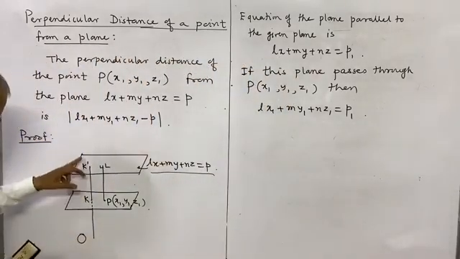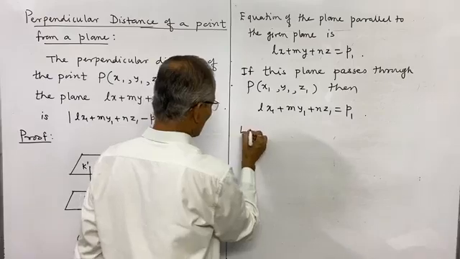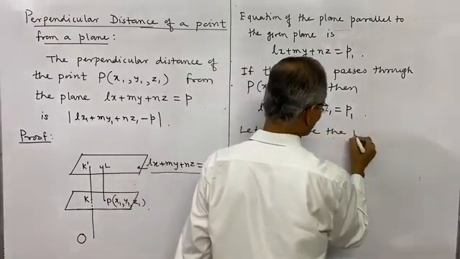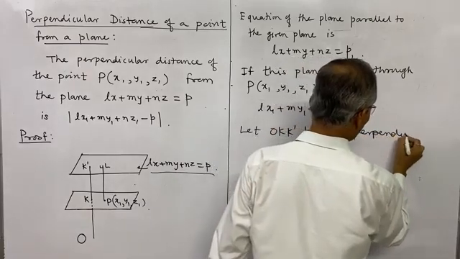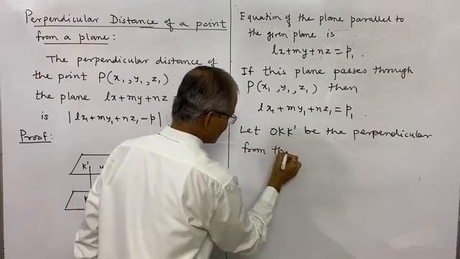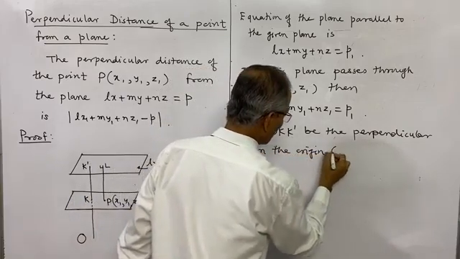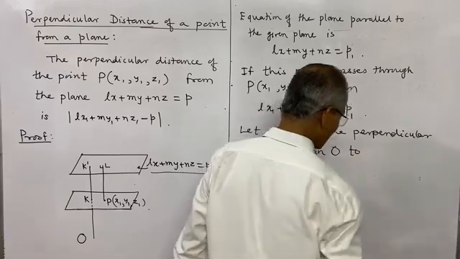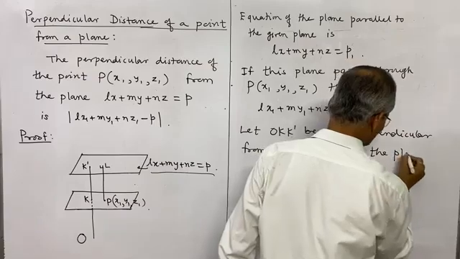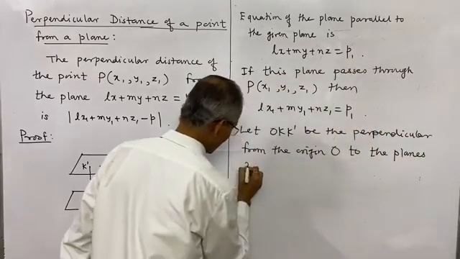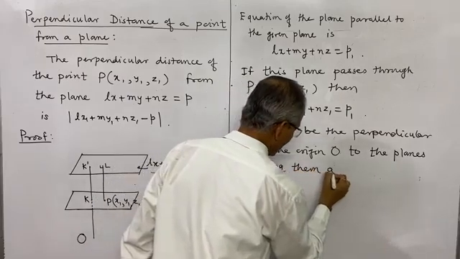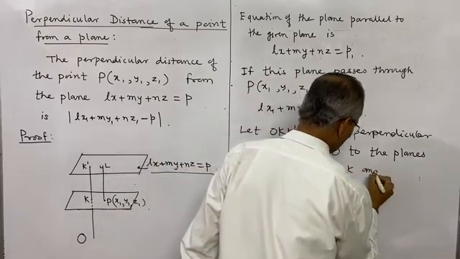Now we will consider this perpendicular. Let OK dash be the perpendicular from the origin O to the planes, meeting them at K and K dash.